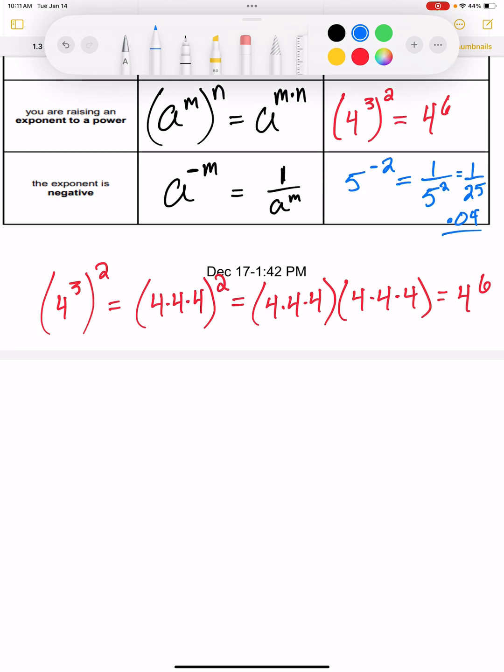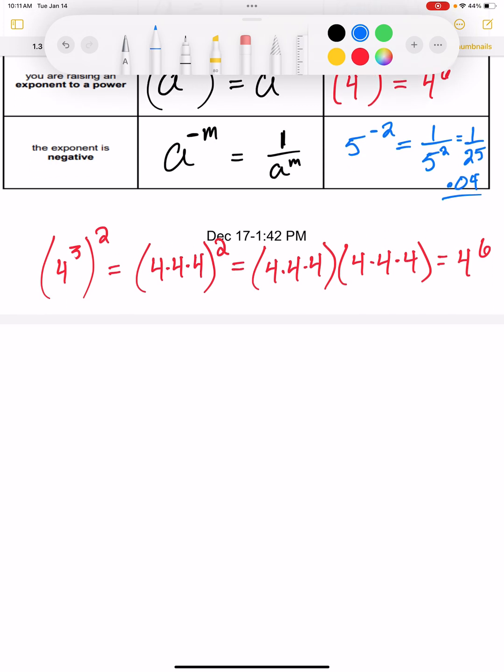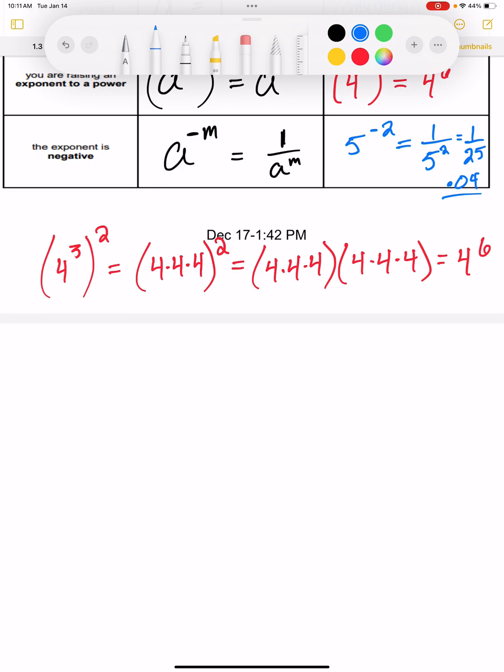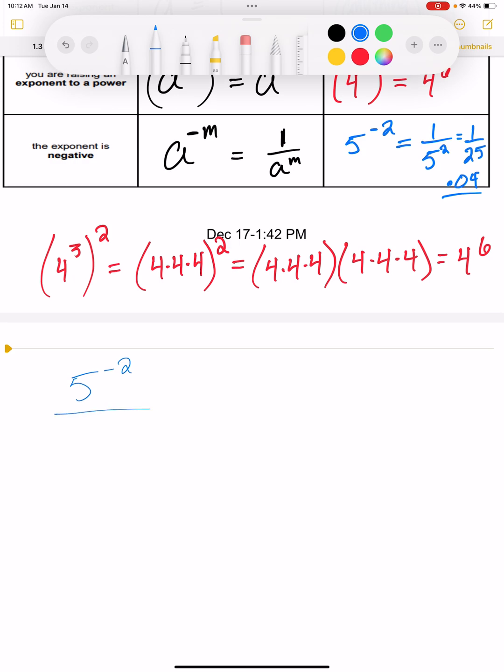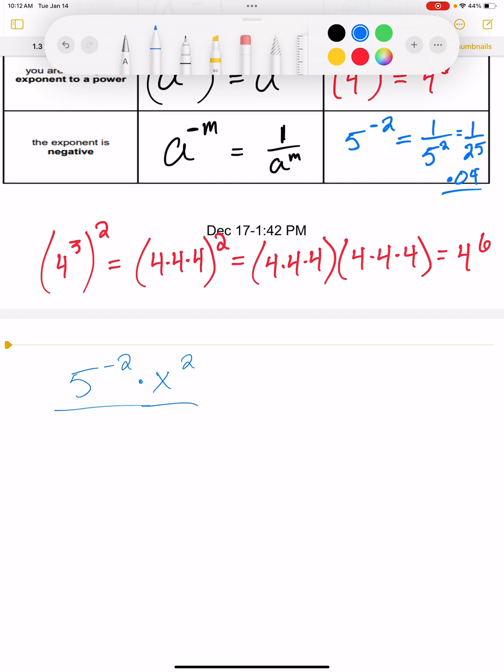So let me give you a little bit more on this. Let's say we have this situation: 5 to the negative 2 times x squared, all over 2y to the negative 3rd, right?